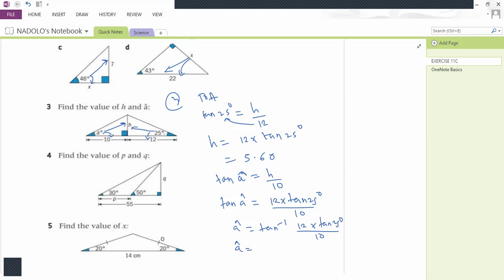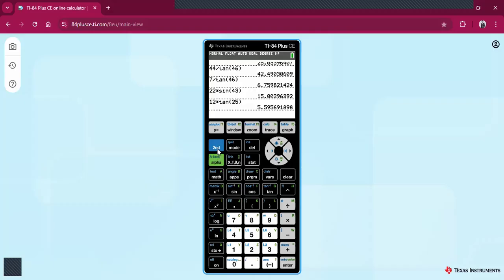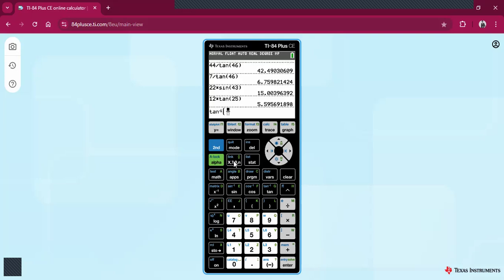So you're going to use your GDC for that. I would share the GDC. So we have to do tan inverse, which is second tan. And then let's put some fractions. The numerator has 12 multiplied by tan 25. Close your bracket. And then in the denominator, we will have 10.